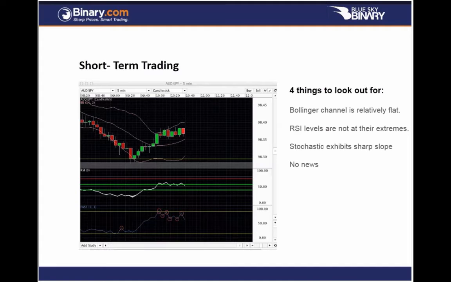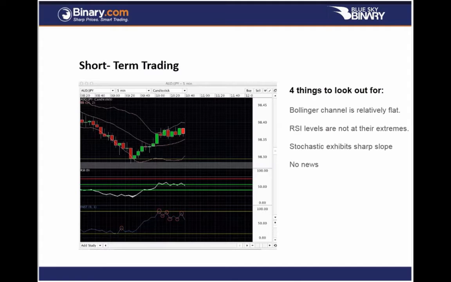And then you are looking for very sharp slopes on the stochastic indicator, and very sharp movements on the actual candlesticks. When this happens, then you can trade the reversal.